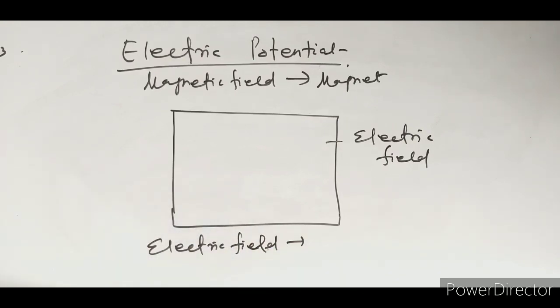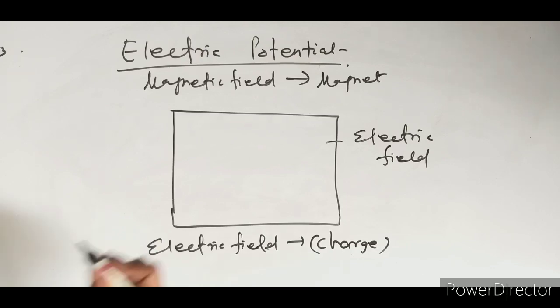Whether it is a current, whether it is a charge, or what. Many children, when the question is asked, answer that it is due to the current. No, it is not due to the current, it is due to the charge. So magnetic field is due to magnet and electric field is due to the charge.